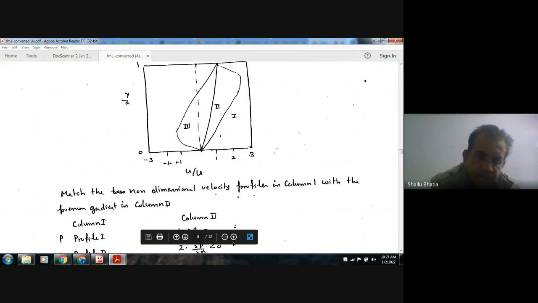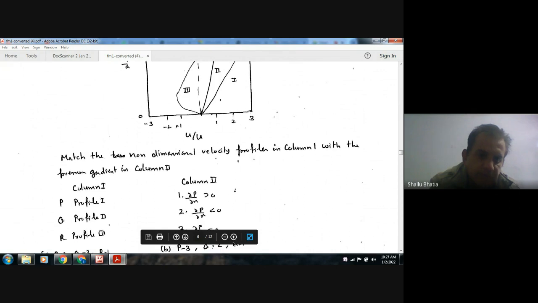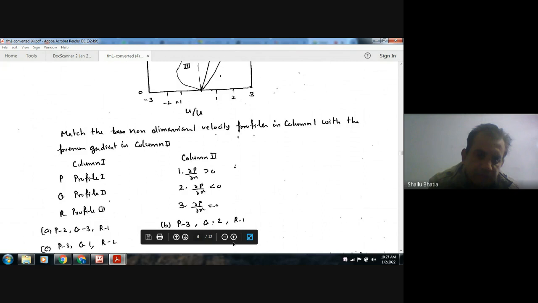Match the non-dimensional velocity profiles in column 1 with the pressure gradient in column 2. Column 1 is profile 1, profile 2 and profile 3, and column 2 is: 1, curly p by curly x is greater than 0; 2, curly p by curly x is less than 0; and 3, curly p by curly x is equal to 0.